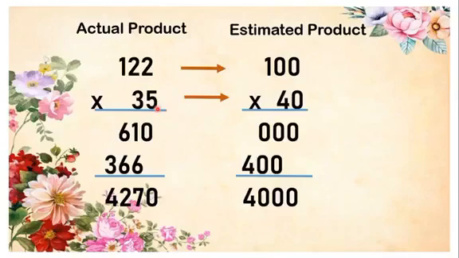So let's begin. 5 times 2 is equal to 10. The product is 10, so we have to regroup the 1. Let's write first the 0, then regroup 1 to the tens place. 5 times 2 is equal to 10, plus 1 is 11.